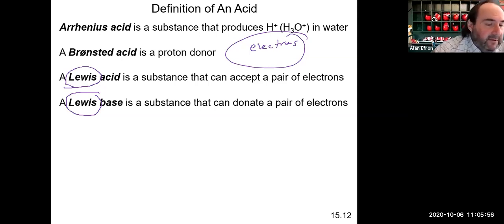So in terms of Lewis acid and Lewis base, it is opposite of the Bronsted-Lowry definition in terms of accepting and donating. Also different: one is talking about a proton, an H plus, in terms of Bronsted-Lowry. When we talk about Lewis, we're talking about a pair of electrons being donated. Lewis acids and Lewis bases are really important, especially Lewis bases.